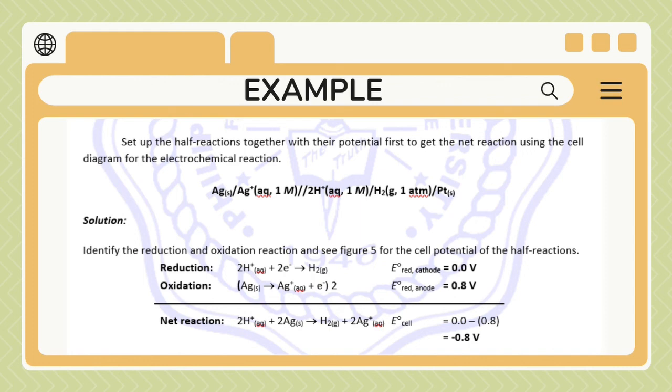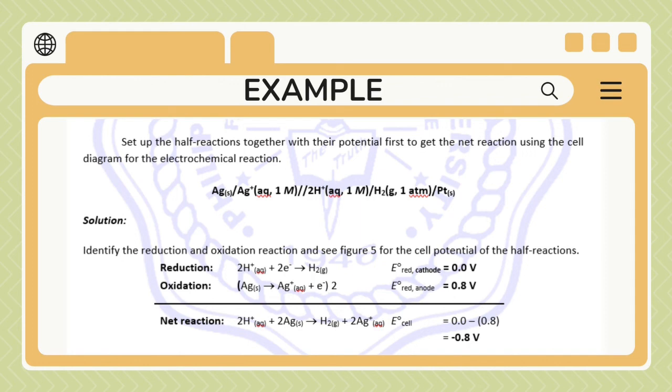So Ag solid produces Ag+ aqueous plus e- (electron), multiplied by 2. For the E cell of the anode, we have 0.8 volts, and for the net reaction overall, we have 2H+ aqueous plus 2Ag solid produces H2 gas plus 2Ag+ aqueous.